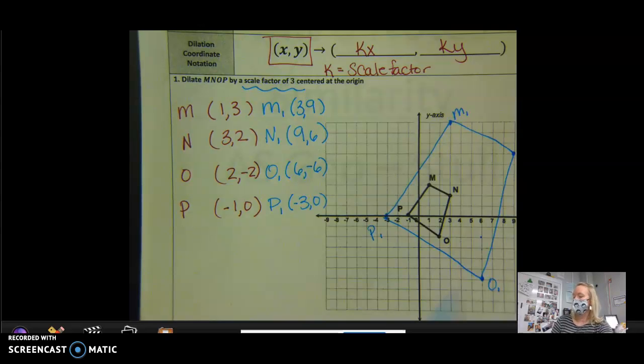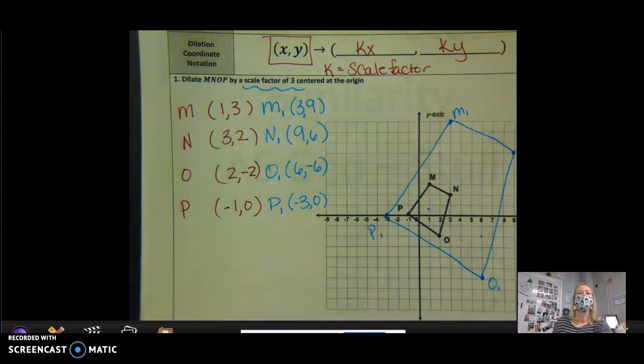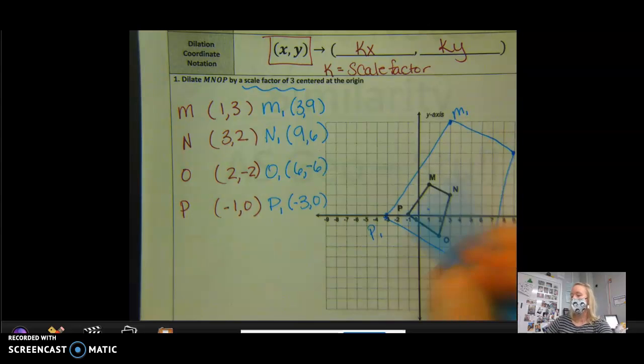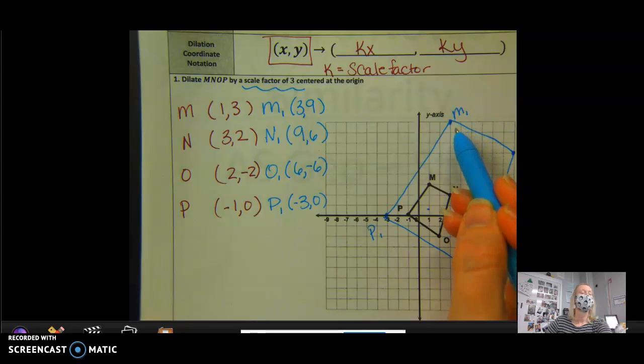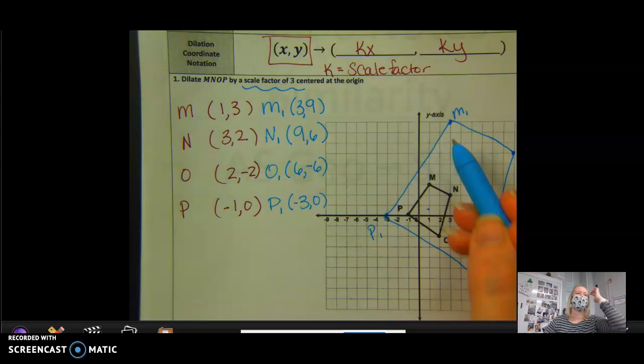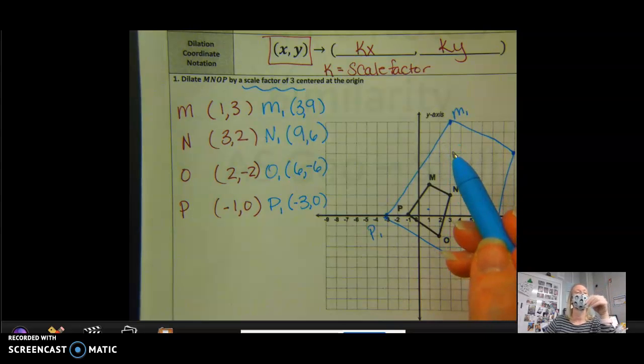How many times do you think our original figure will fit into our new figure? 9 times. Because each side length increased by how many? 3. But remember, when we're talking about area, what do we do to our scale factor? We square our scale factor. So what's 3 squared?